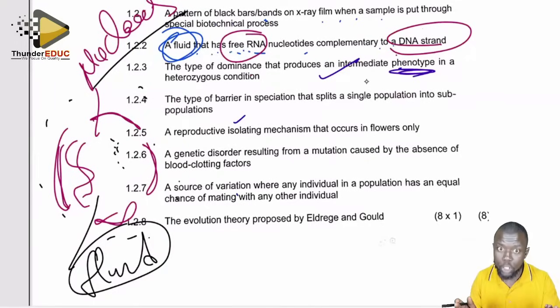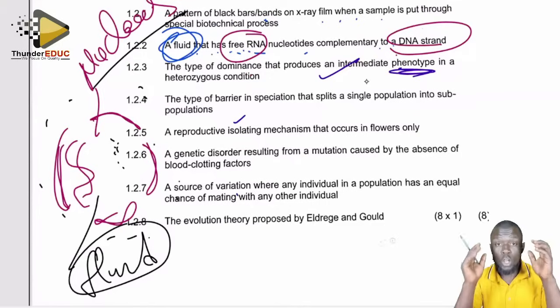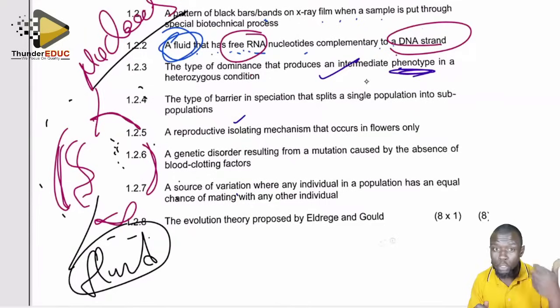There was one population of rats. You understand? The population is divided into two by a rock. So a rock becomes a geographical barrier into two subpopulations. So it divides this population of rats into two subpopulations. So what do you call a structure which splits this population into two subpopulations? We call it geographical barrier.